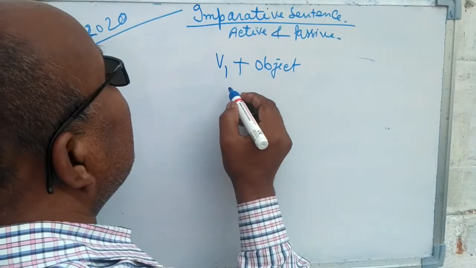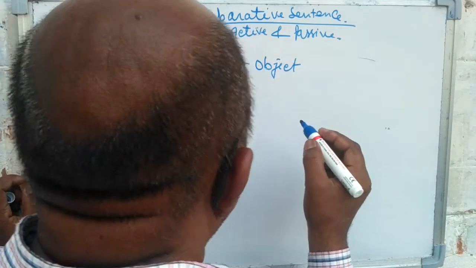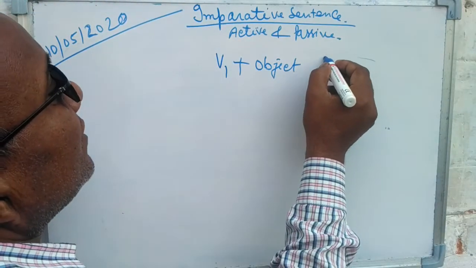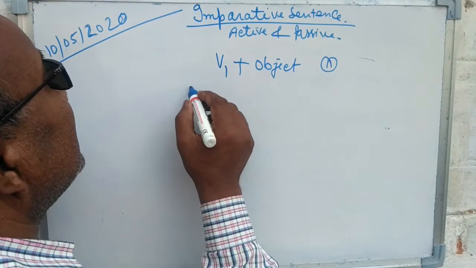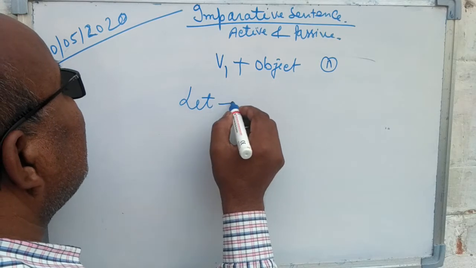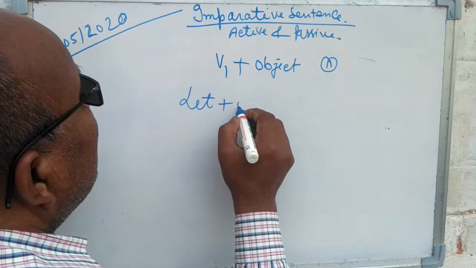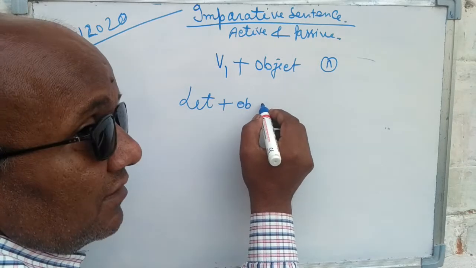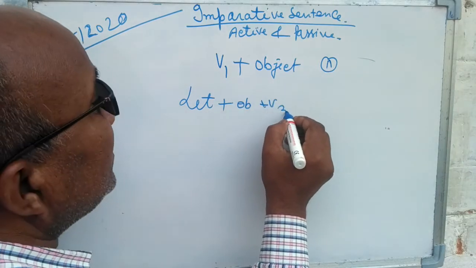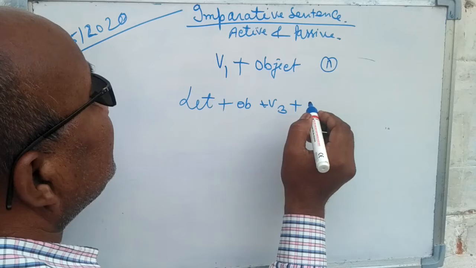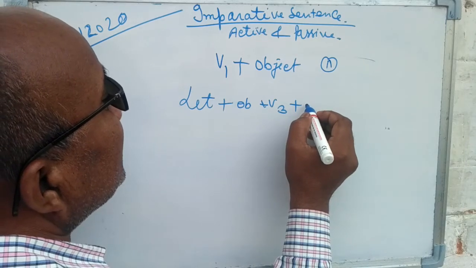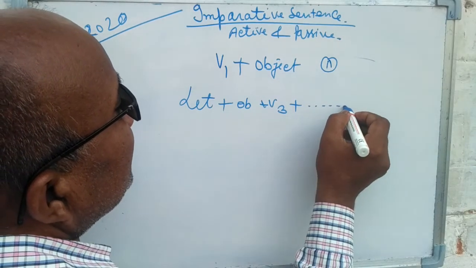And if you have to change this sentence into passive, you will have to write let plus object plus V3 and other words.